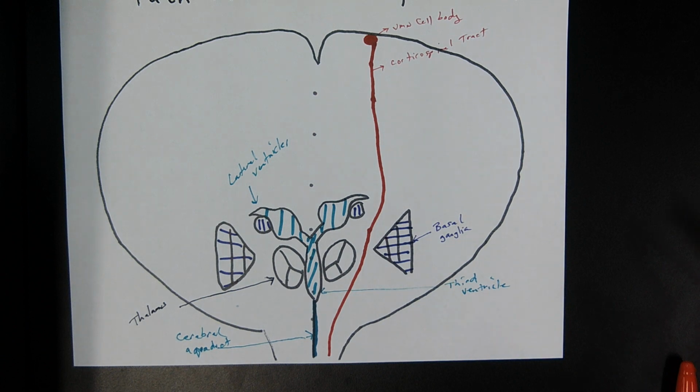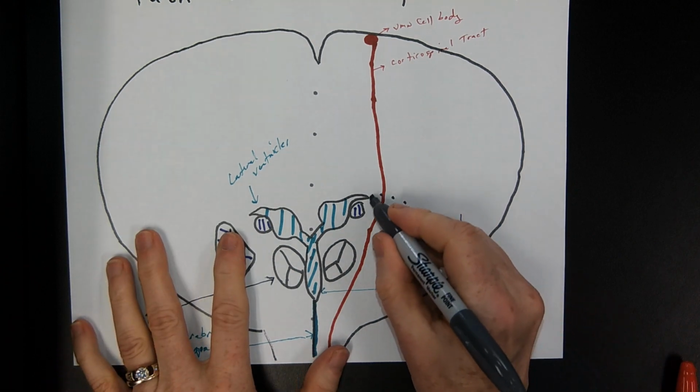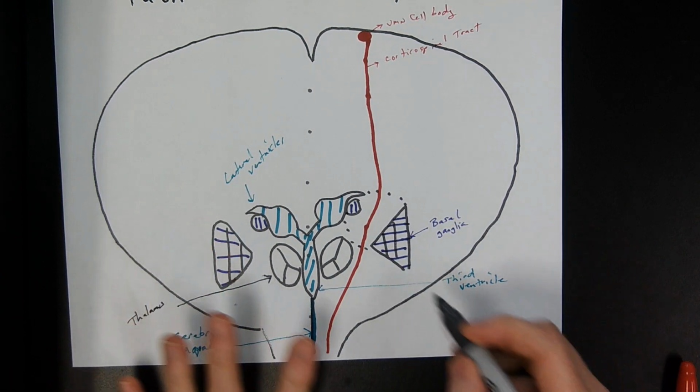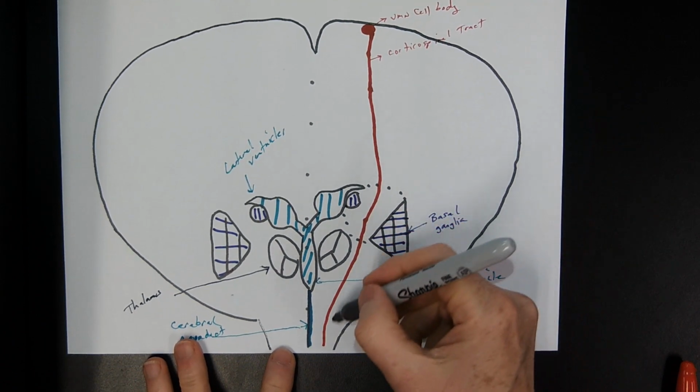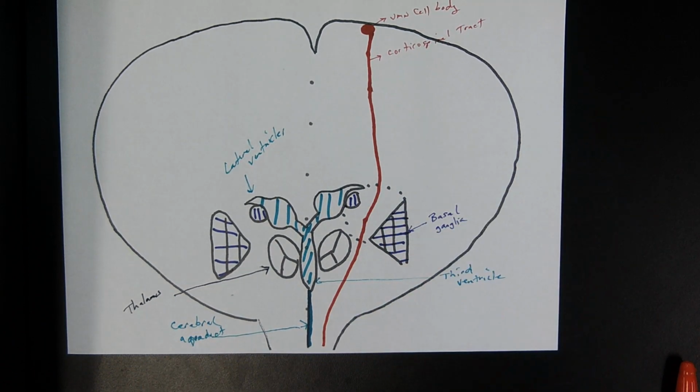Every muscle in your body. When we talked about the STT and DCML, we talked about this important space between your basal ganglia and your ventricles. Does anybody remember what that space is? It's where all the sensory and motor information travels through. You got it. That's your internal capsule.